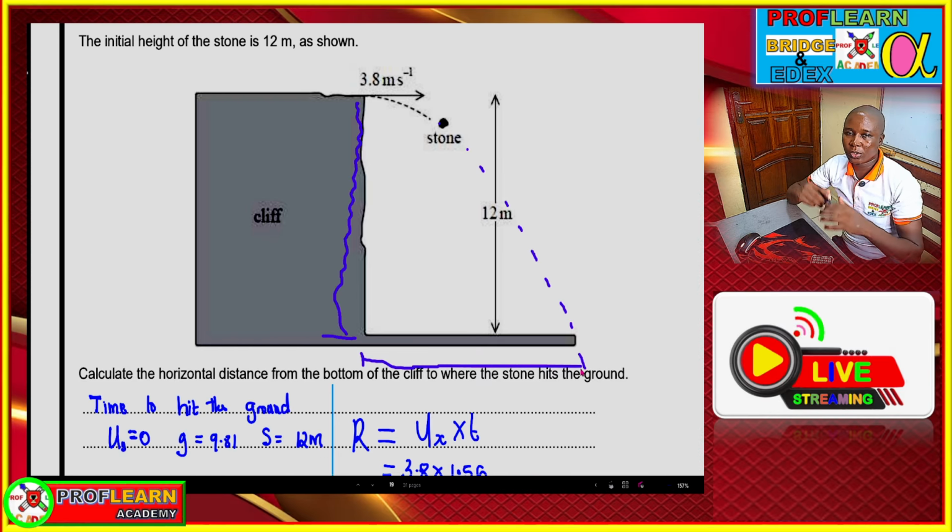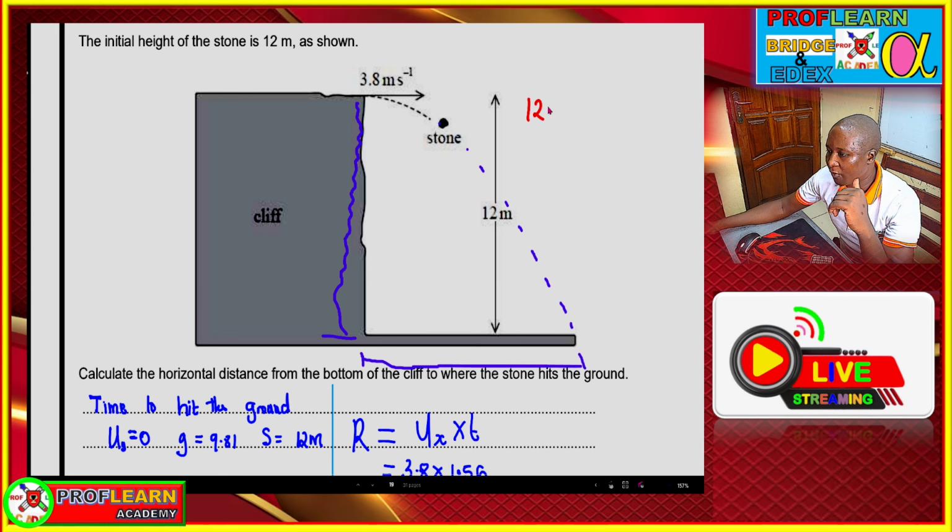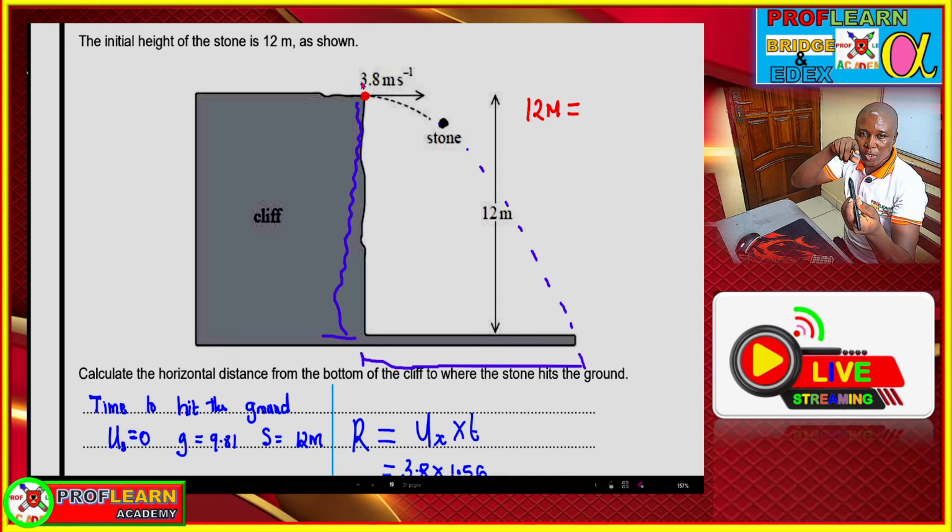In the vertical direction, the distance that is going to be covered is 12 meters. But at the time of projection, when the stone is projected horizontally, the stone was not moving downwards.